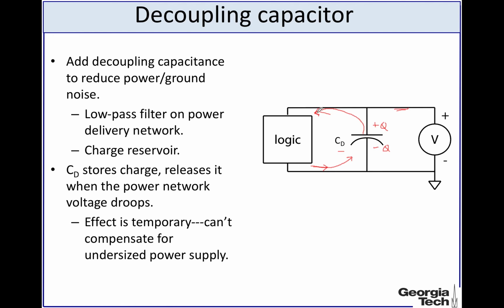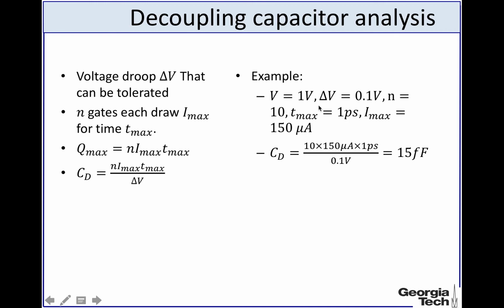Now when this high activity time duration is over, then again this capacitor gets charged through the voltage source. As a result, the voltage drop across the line can be nullified when the logic block goes through high activity durations. So let me give you a quick example.